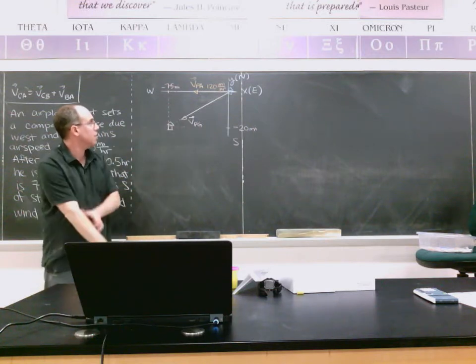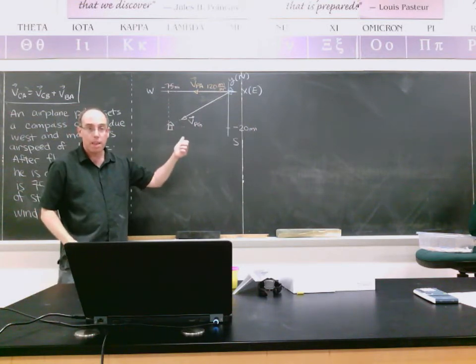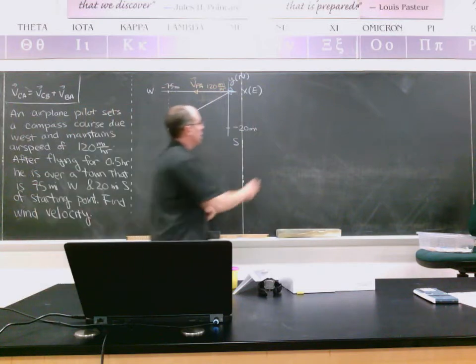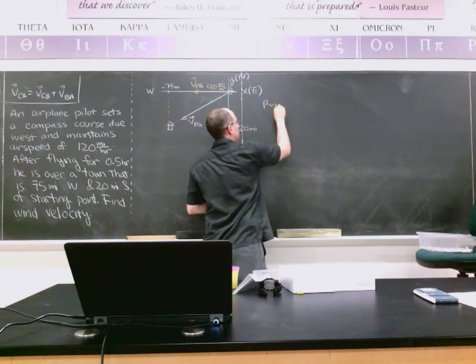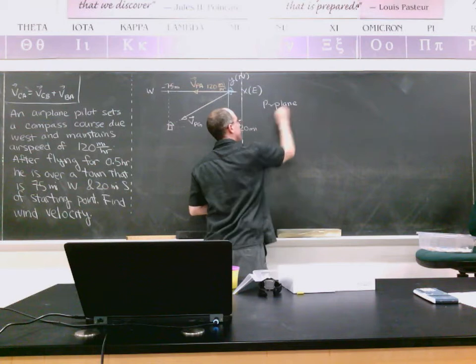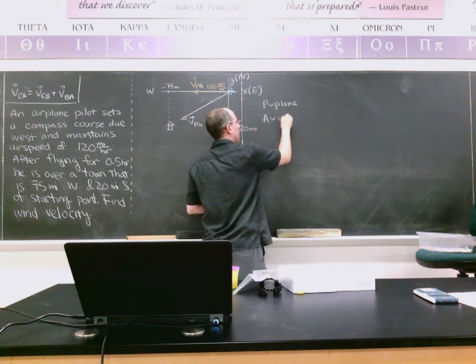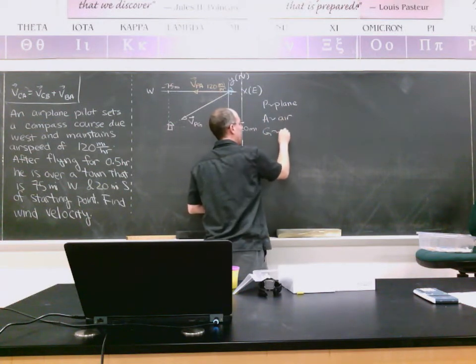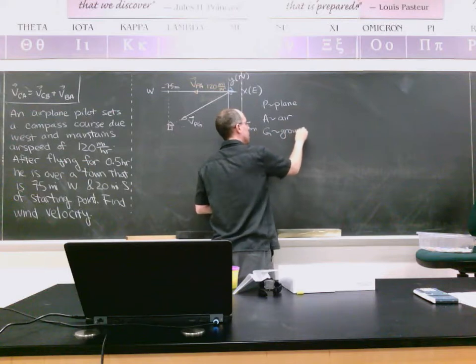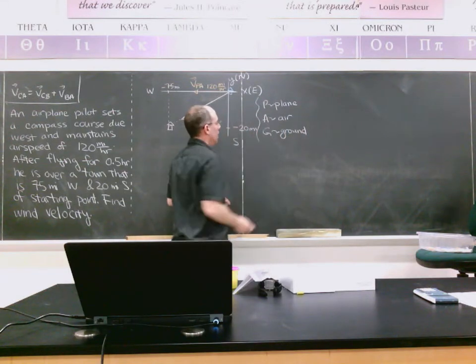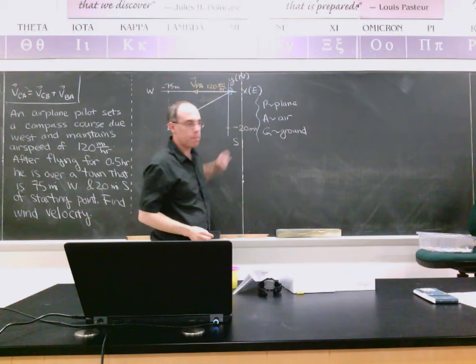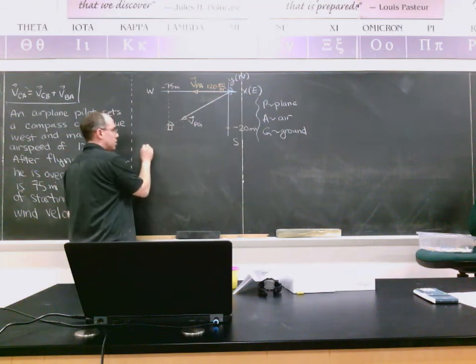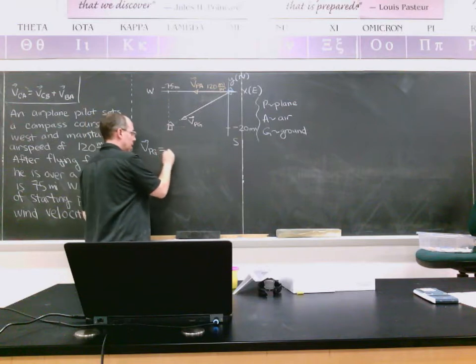We have three things: airplane, air, and ground. Let's denote the letters: P for plane, A for air, G for ground. And let's apply the sandwich rule here. According to the sandwich rule, we can write velocity of plane with respect to ground.